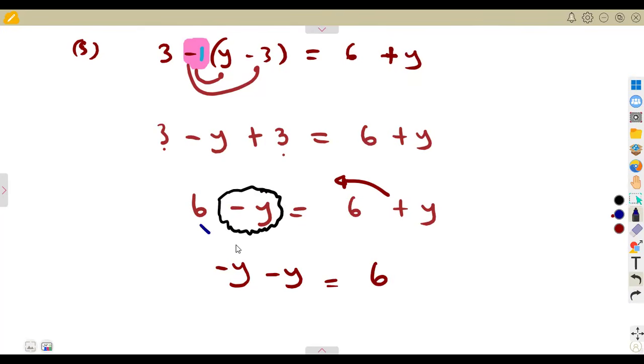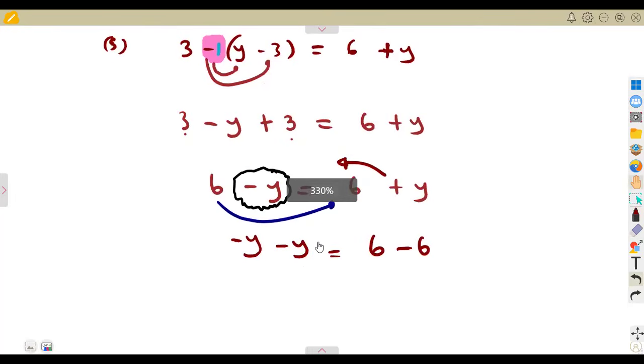If I transpose this 6 to this side, it becomes a negative because it was a positive on the right-hand side. So this is -y minus y, which is -1 minus 1, that is -2. So that's -2y is equal to 6 minus 6, which is a 0.